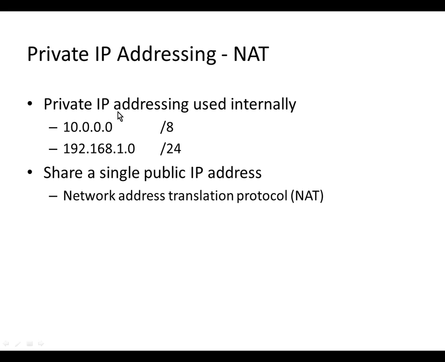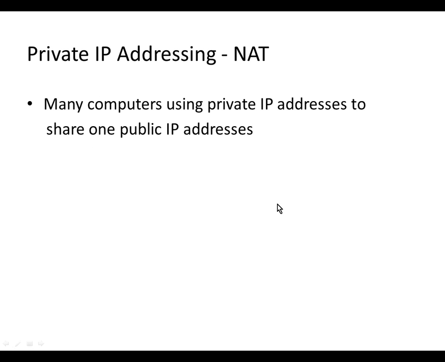And all of these computers using private IP addresses share a single public IP address, and it is the network address translation on the router that allows many computers using private IP addresses to share one public IP address. This is one way to address the problem that we're running out of IP addresses.